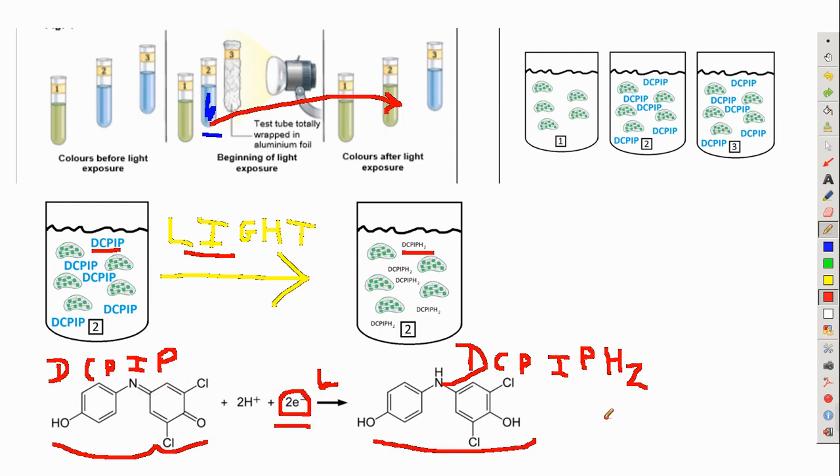So what we learn from this is that light provokes the release of electrons and the reduction of some molecules. In this case it's DCPIP. We'll see that in plants there is an equivalent to this DCPIP. DCPIP is a molecule that Robert Hill added in the experiment, and we'll see that there is a similar molecule in plants.